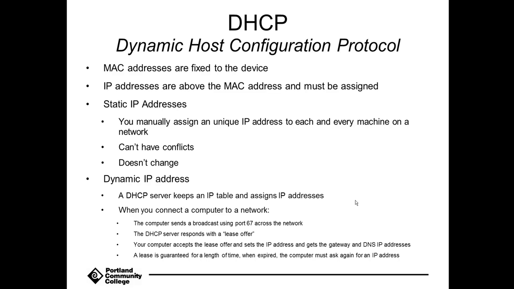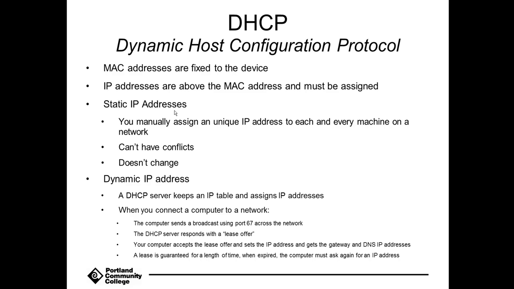Now, so we talked about IP addresses, but we didn't really spend time on how those IP address numbers get determined or delivered. So again, that's done with something called a DHCP, Dynamic Host Configuration Protocol. Again, the MAC address is fixed to the device. Normally you can't change it. So you have to assign the IP address. Now, on each machine, you can do what's called a static IP address.